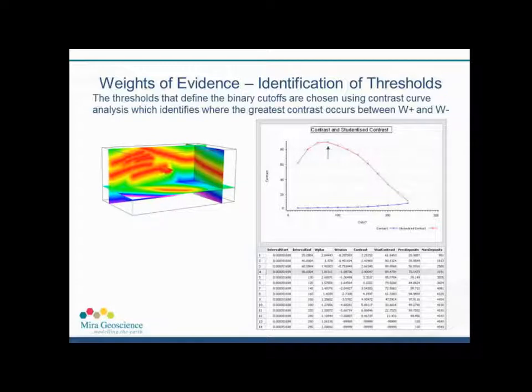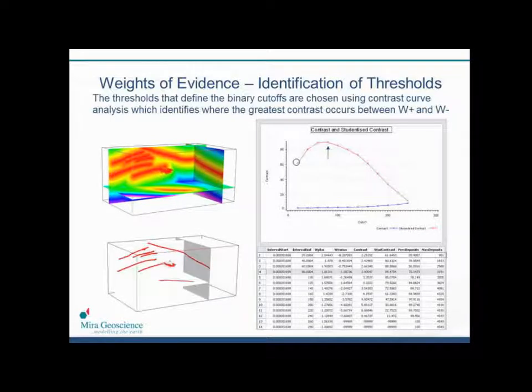We want to find the place where we have the greatest contrast between the positive and negative weights, because that means we have a lot of training cells in a small volume versus few training cells in a big volume. We want to find that optimal point where we have a good statistical break in the data. To find that point, we use a suite of cutoff values.